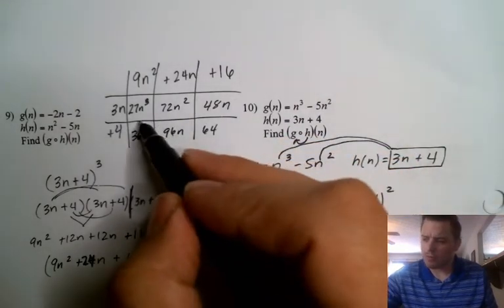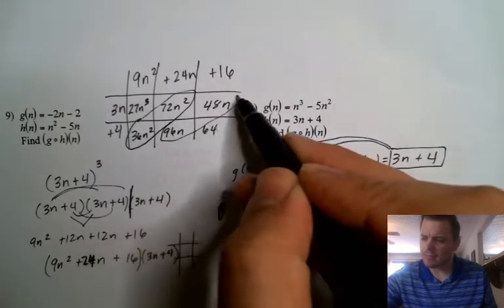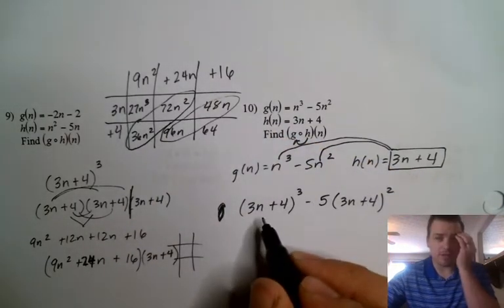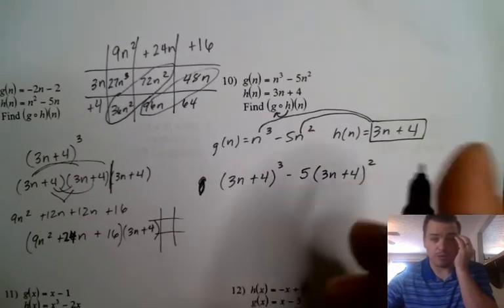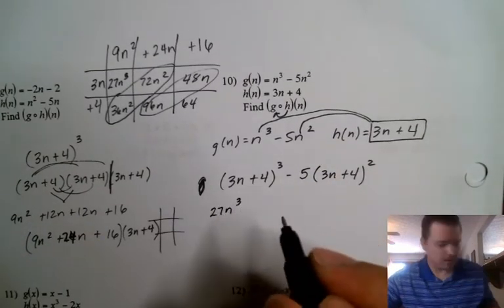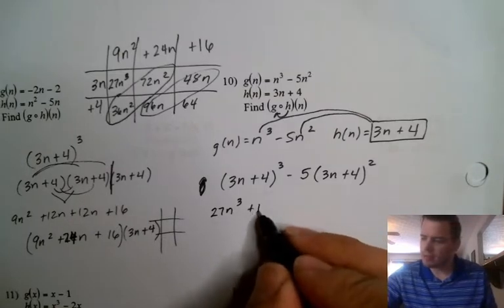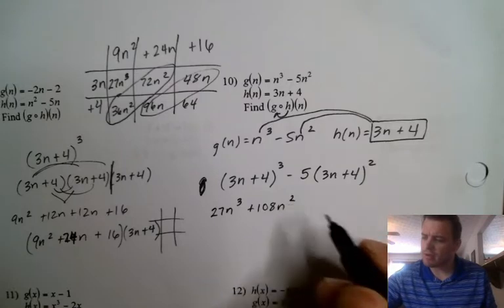If y'all remember, we add the ones that are like. So this 3n plus 4 cubed would produce this: 27n cubed. 72 plus 36 is 108, plus 108n squared.